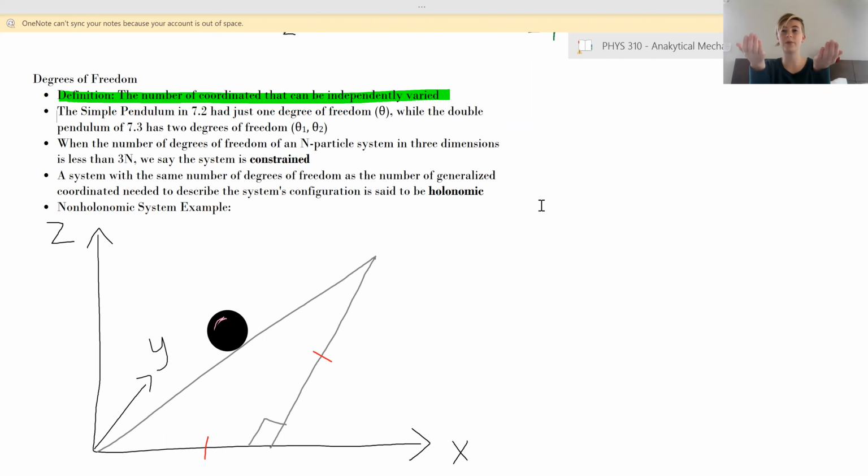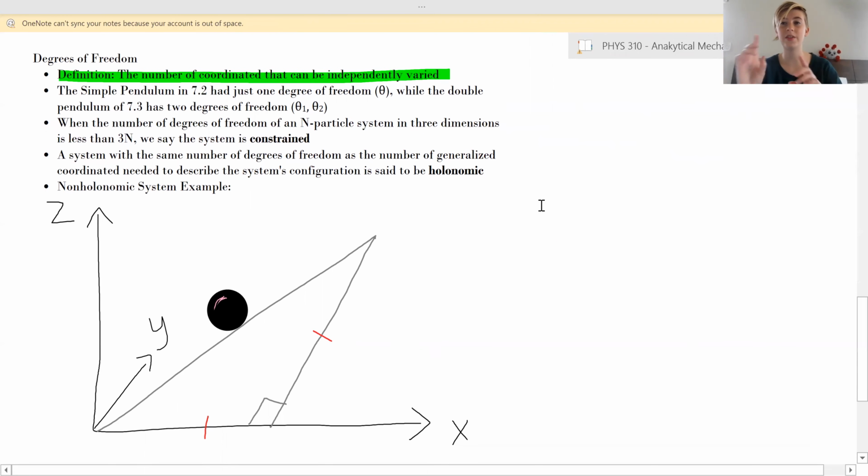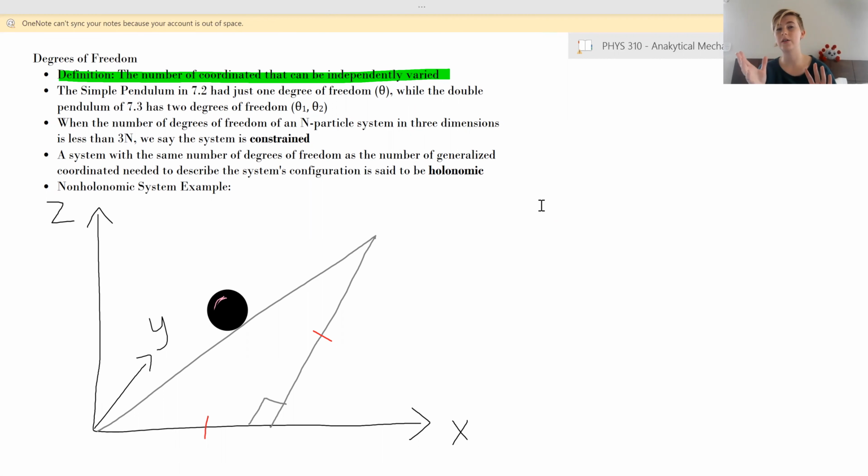That's basically 3D motion in a nutshell. But then it adds a little hitch to that. The book gives you an example of a non-holonomic system, and it also is in 3D motion, but it takes into account something more.